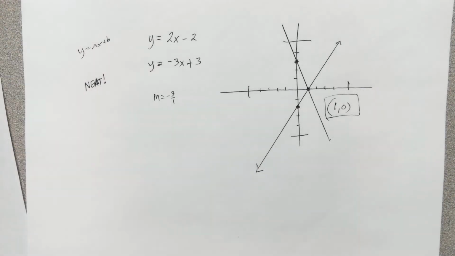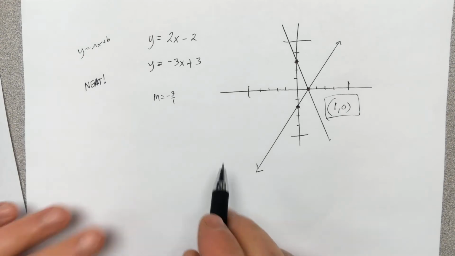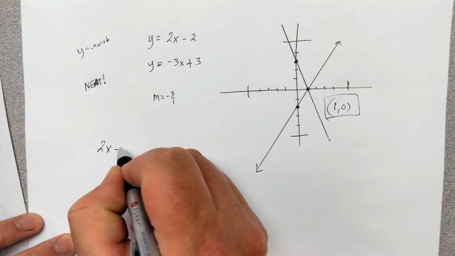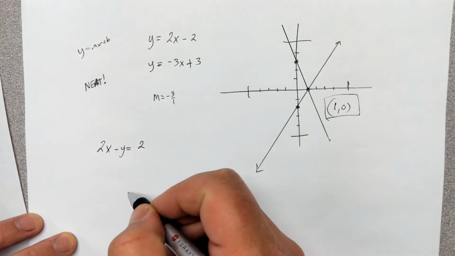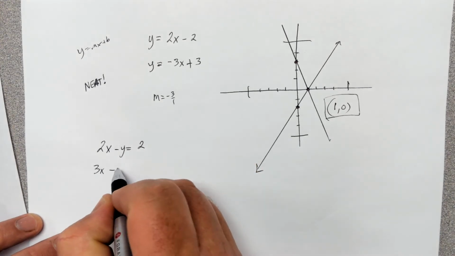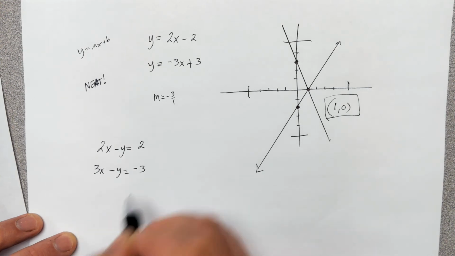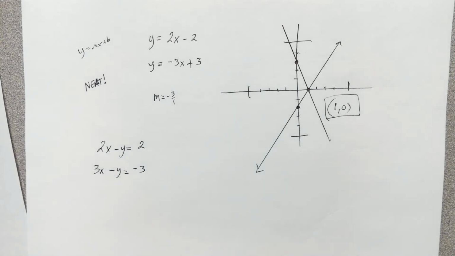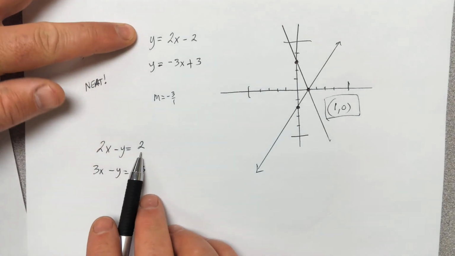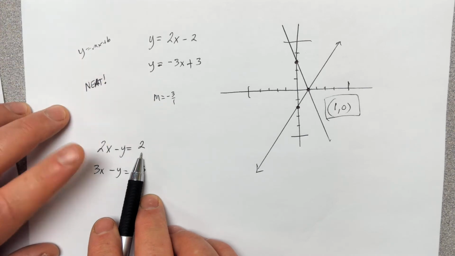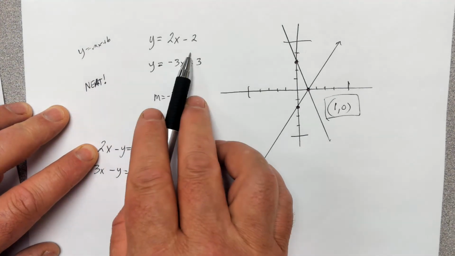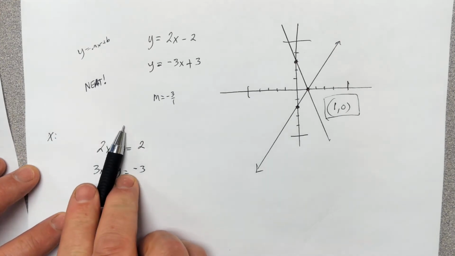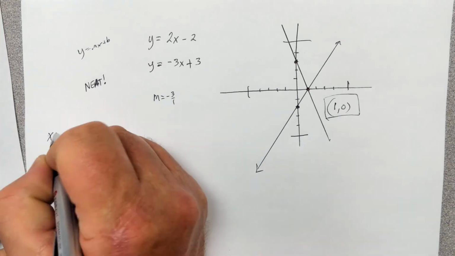You might have something like, for example, the same exact equation for the top would be 2x minus y equals 2. And the bottom is 3x minus y equals negative 3. Those are the same. You could do it by the intercepts. When it's like this, you can't do the slope and the y-intercept. You have to do the intercepts. For the x-intercept, remember, put a 0 for y. 2 times 1 is 2.